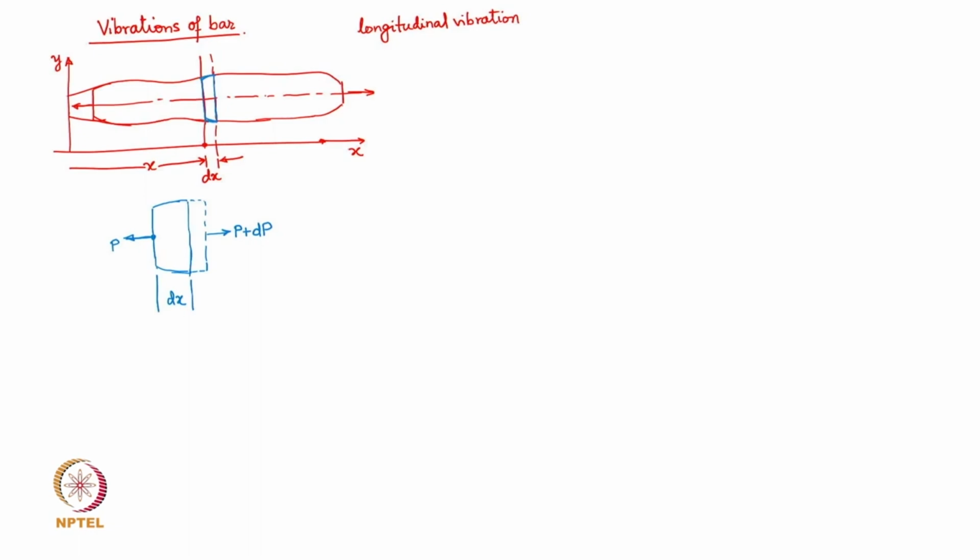Okay, so here, in contrast to the stretched string case, the vibration is not lateral. Okay, it is along the bar. So if you consider this bar is vibrating along the axis. Okay, so each plane is moving back and forth, and there is a continuous extension and compression that might happen along the length of the bar.